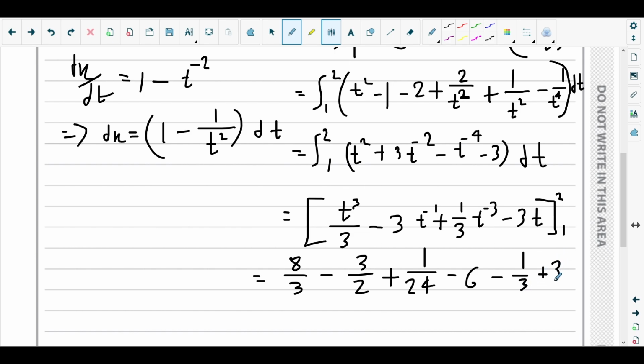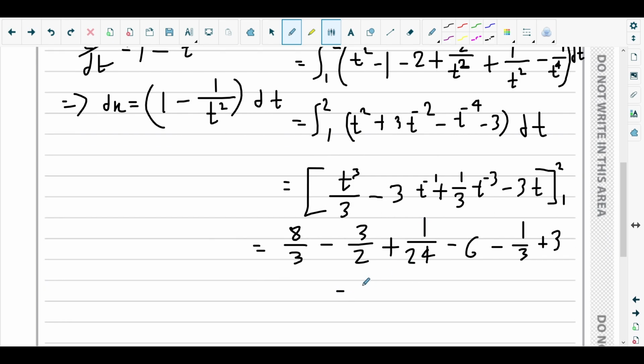So that is 3, just 3, and then minus 1 over 3, just substituting the lower limit 1 into the integral, and then you'll get plus 3, right? So 8 over 3 minus 3 over 2 plus 1 over 24, negative 6, and then negative 1/3 plus 3, plus 1/3 minus 1/3 plus 3.